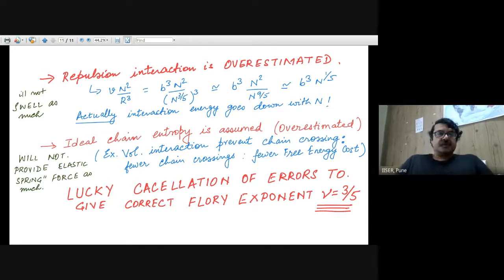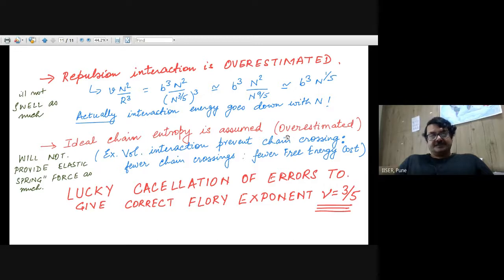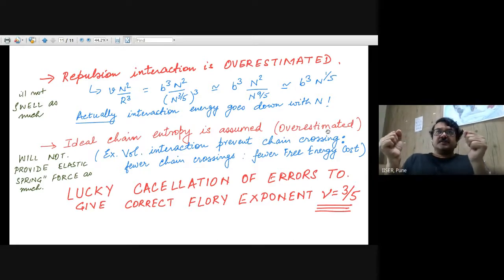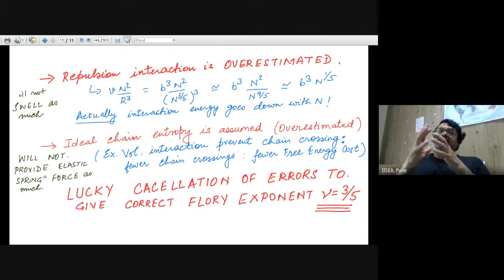So again, we overestimate the force which is there to contract and get it back. If you stretch it, there is a certain free energy cost to it. So that is overestimated.